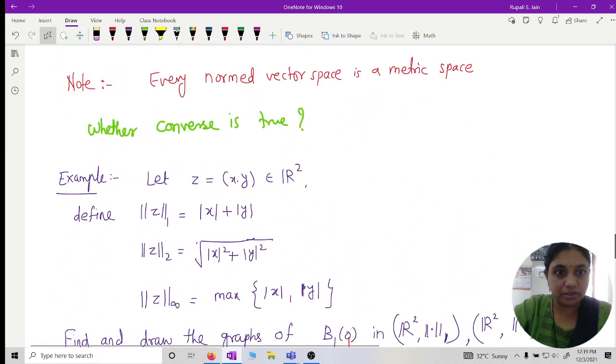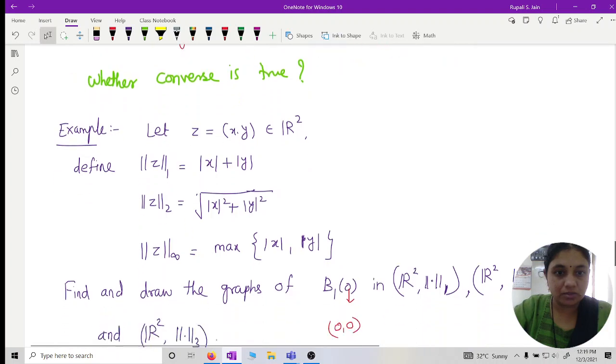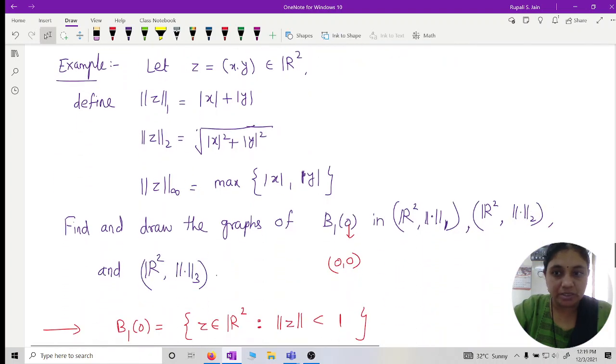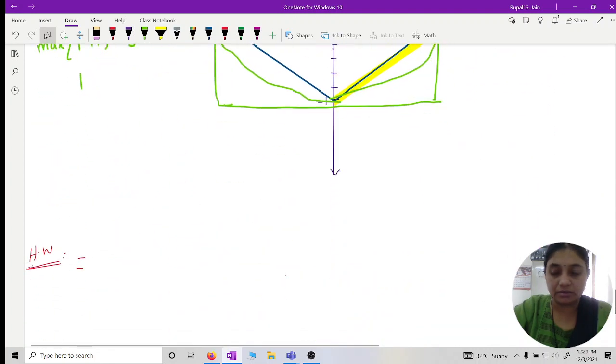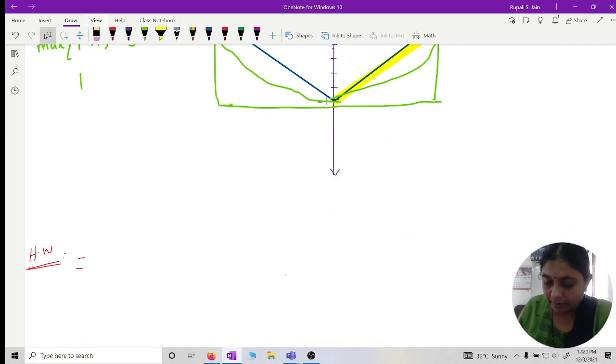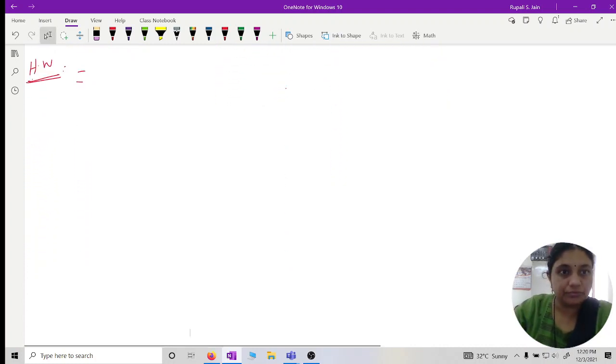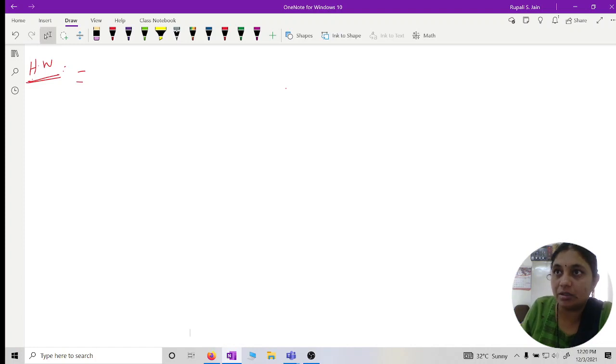Okay, with respect to these three different norms, we have already seen what is the open ball with center 0 and radius 1. Similarly, you can draw the graphs of the following.